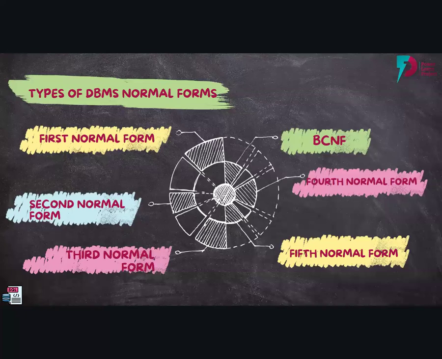Just know they exist, but you'll never be tested on how to use them. Mostly, you're tested on the first, second, and third. Now, let's learn about the first normal form. So we have the first normal form, the second normal form, the third normal form, the BCNF, the fourth normal form, and the fifth normal form. So what is the first normal form?